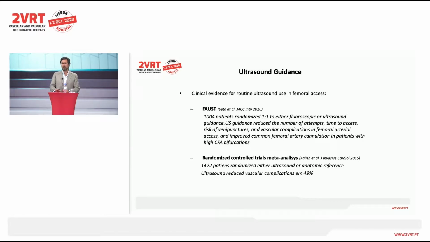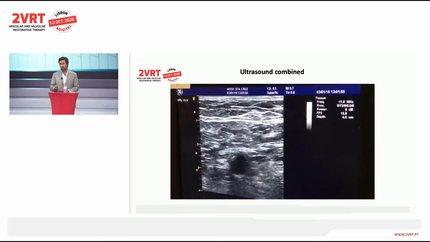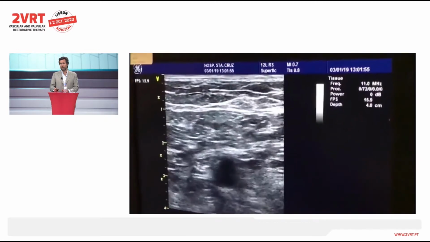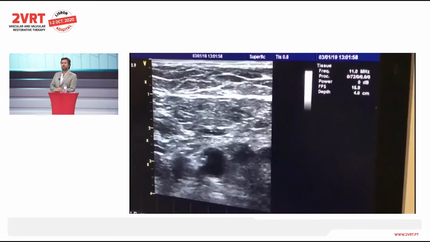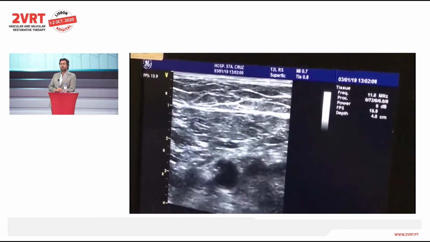The most important thing is that they all show that if you do use ultrasound, you'll be able to reduce the time to access, reduce the number of attempts, reduce the risk of punctures, and the vascular complications will be fewer, especially in patients with a high common femoral artery bifurcation. Therefore, I'll show you today a quick film showing exactly what we use nowadays.